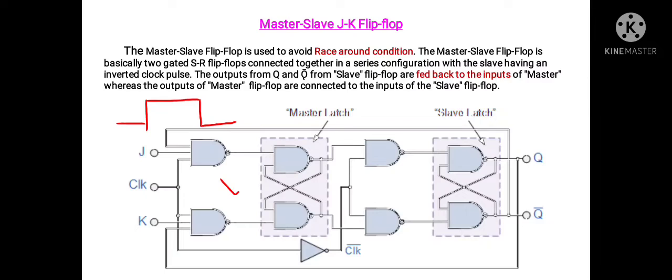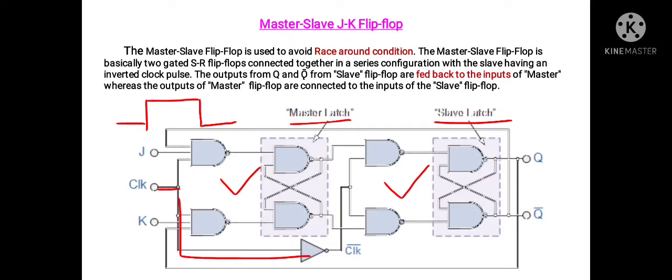Here this first part is a clocked SR flip-flop which is called as master latch, and second circuit is the same circuit which is called as slave latch or slave flip-flop. And one more thing, that the clock signal is connected to master, it is connected also to the slave, but it is inverted through this NOT gate, so that this master flip-flop and slave flip-flop are not clocked simultaneously or at the same time.